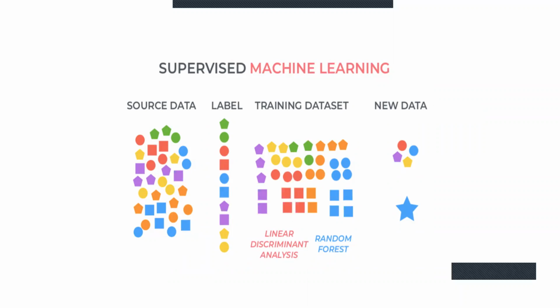And we use supervised machine learning algorithms to actually create the classification and prediction model, and we call that model a trained model. So we can use a trained model to predict new data. We could have new data with no labels, but we could use the same training model to actually create predictions for this new data.